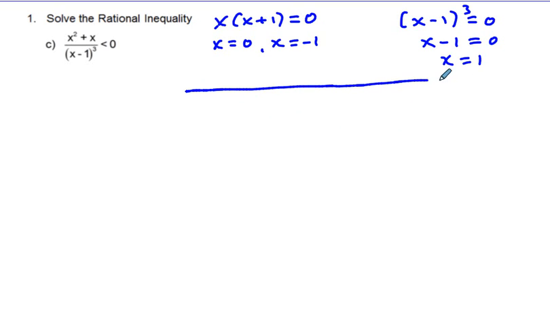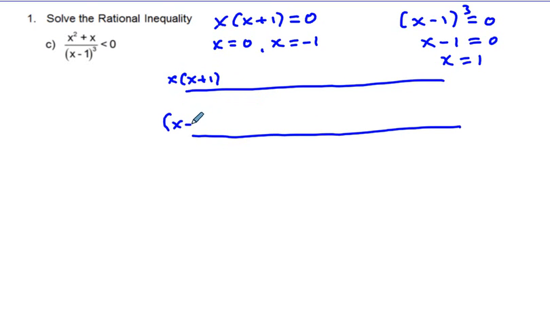Again, we construct our number lines. Let me do that. I want to leave a little more space here below. On the top I'm going to write x times quantity x plus 1, and for the denominator, I'm going to write quantity x minus 1 cubed.